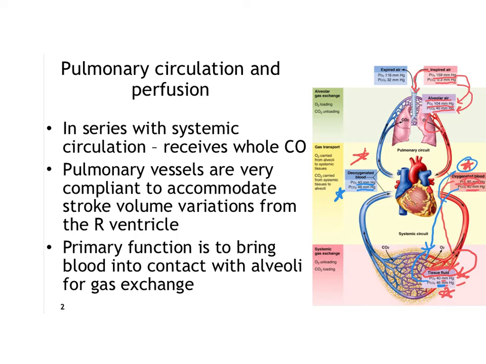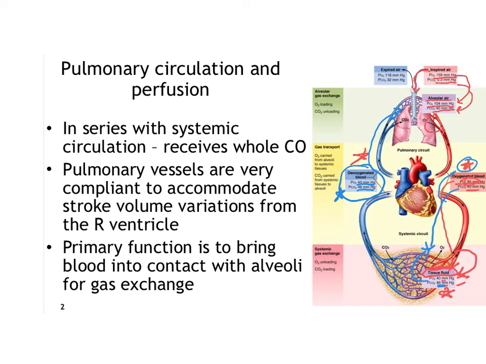So now, with that exchange, my deoxygenated blood on this side will have a partial pressure of oxygen of 40 millimeters of mercury, and my partial pressure of CO2 will be 46. So if I carry those numbers back up to my lungs, I would have my PO2 of 104 and my CO2 of 40.